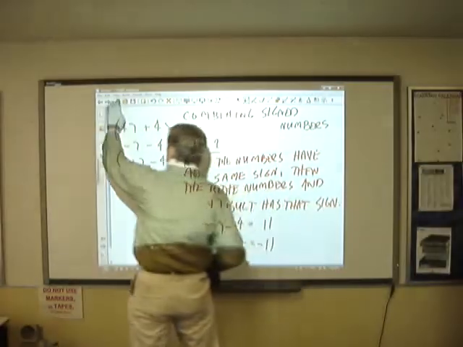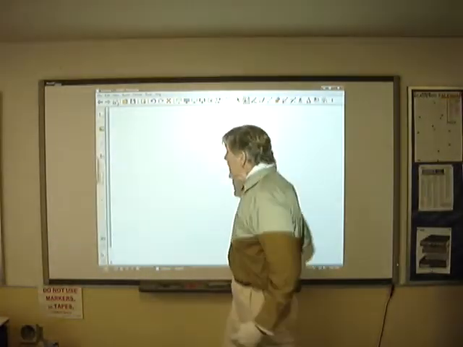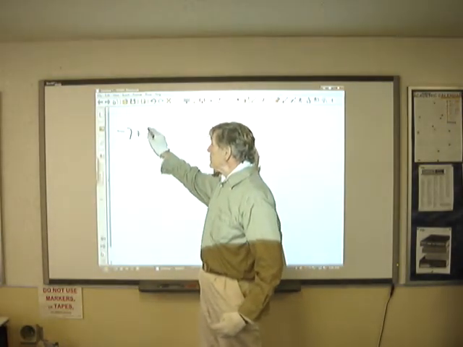Now let's go to Rule 2. If we have two numbers that have different signs, minus 7 plus 4.